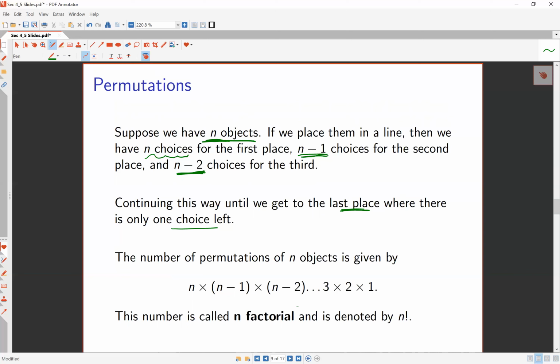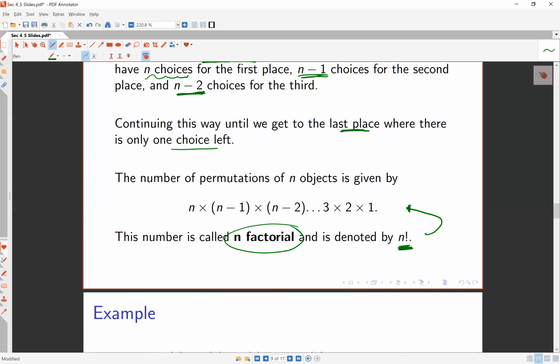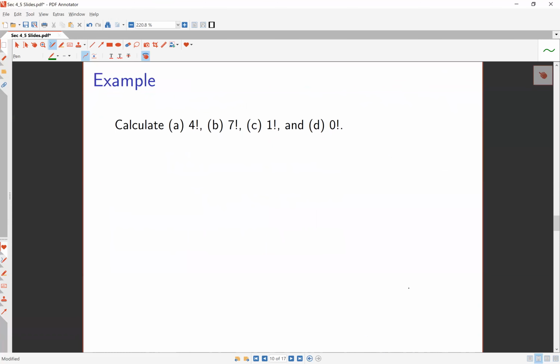And we sometimes call this n factorial, and it's denoted by n exclamation point. If you see an n with an exclamation point, it means take all the integers from 1 through n and multiply them together. Let's just take a look at a quick few examples of that.